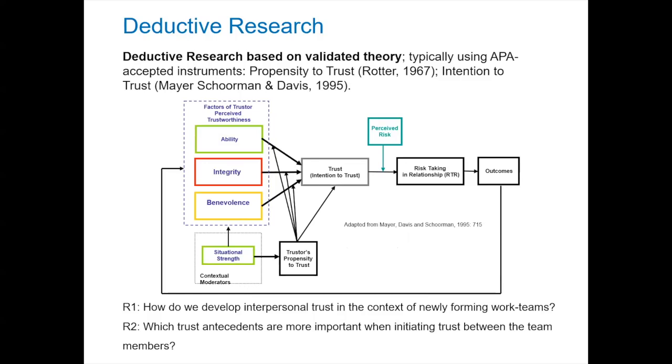So what happens when you have a trustor and a trustee? The trustor, the person who's going to extend trust, sees risk, and they assess that risk according to this theory by looking at the ability: how well somebody can do something you want them to do. Is this person competent?